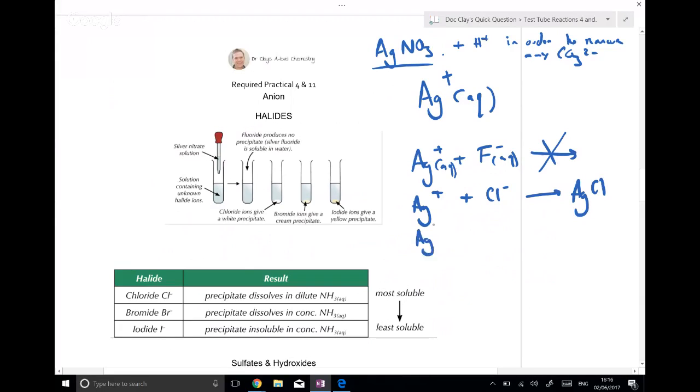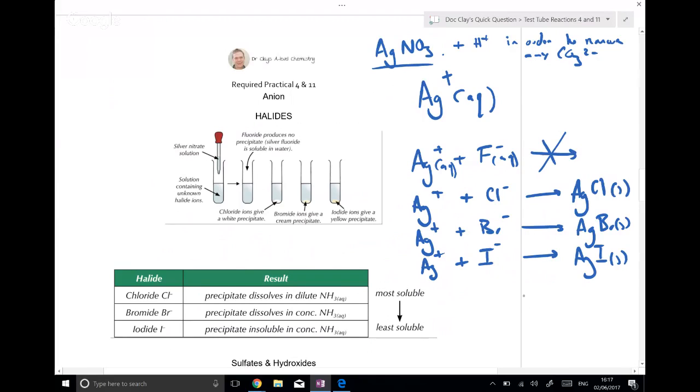We get the formation of AgCl, AgBr, and AgI, forming silver chloride, silver bromide, silver iodide. These are all solids from solution, so they form a precipitate.